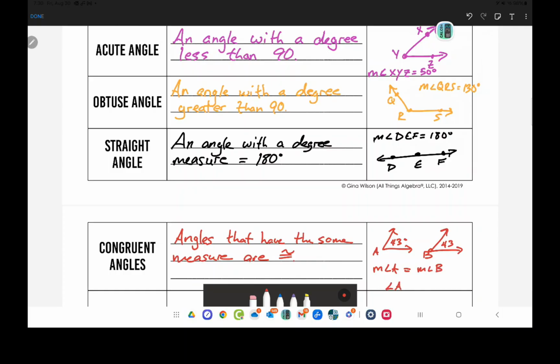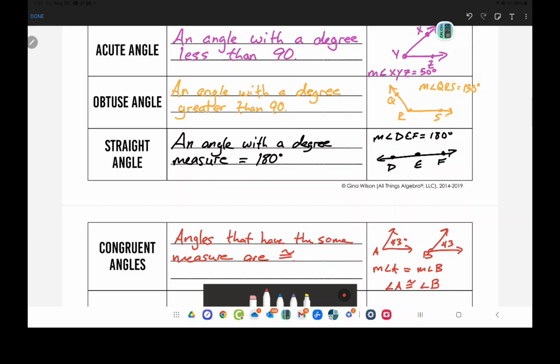Angle A is congruent to angle B, and as I'm writing this, I realize I failed to notice something important. The symbol for angle is kind of like an acute angle. When you say angle A, you just use this little acute angle symbol.